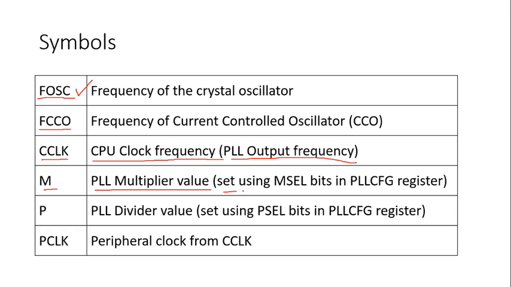It is set using the M cell bits in the PLL configure register. P is the PLL divider value. It is set using the P cell bits in the PLL configure register. Then PCLK, the peripheral clock from CCLK. So remember F oscillator, FCCO, CCLK, M that is the multiplier, P that is the divider, and PCLK is the peripheral clock.